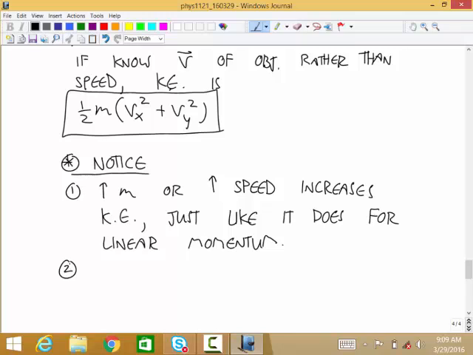The biggest difference, though, is that linear momentum is a vector quantity, and so you can talk about the direction of linear momentum. There's no direction for kinetic energy or any kind of energy.